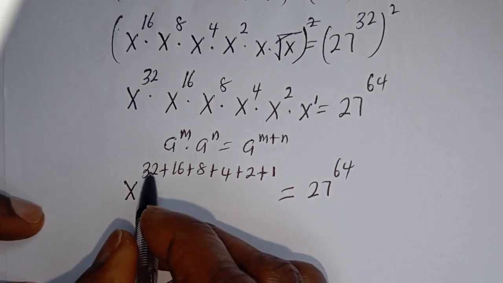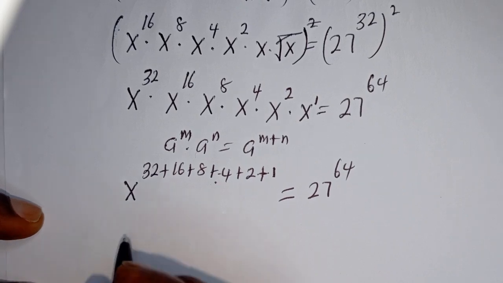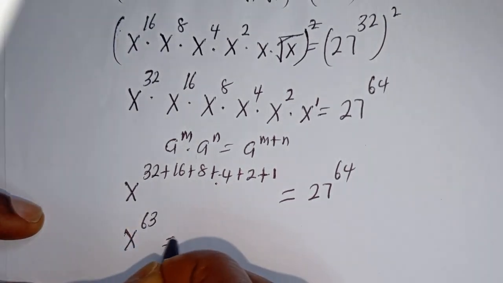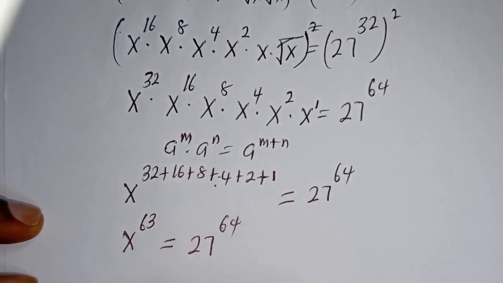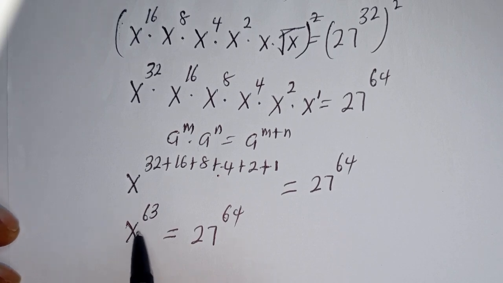Then here, if you sum this together, we have s to the power of 63 is equal to 27 to the power of 64. But we are looking for the value of s. Let's multiply the exponent of both sides by 1 over 63.